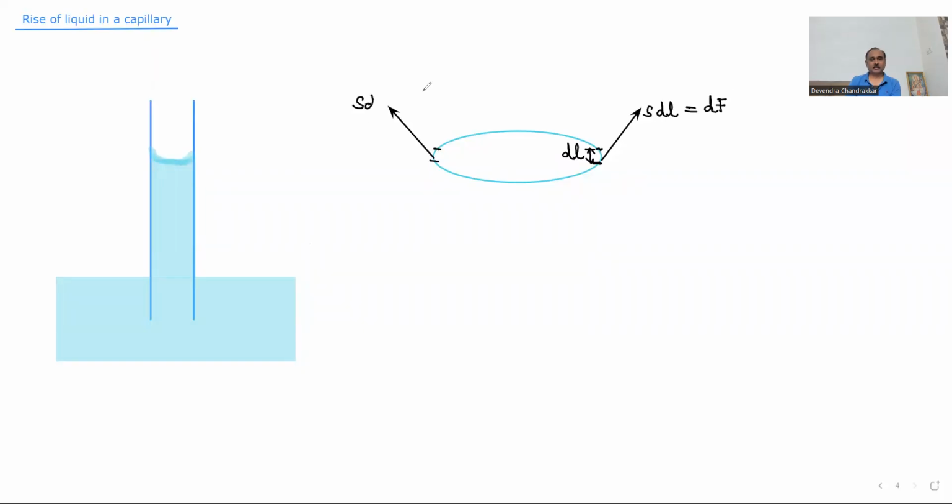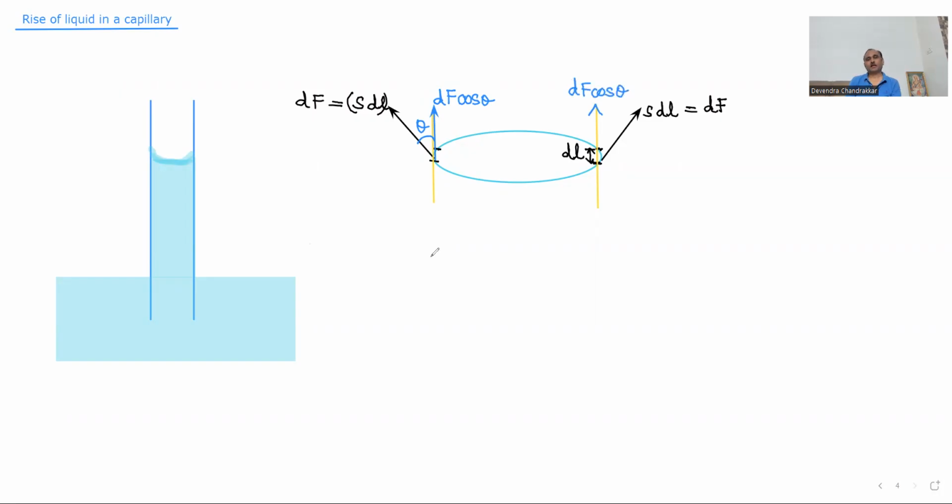So this is S dL, and this is dF. Now we have these components of the forces. This is the contact angle theta. So this is dF cos theta, and this is also dF cos theta.